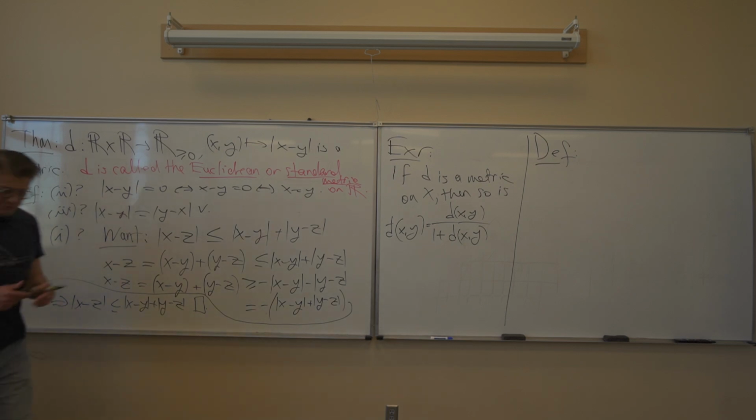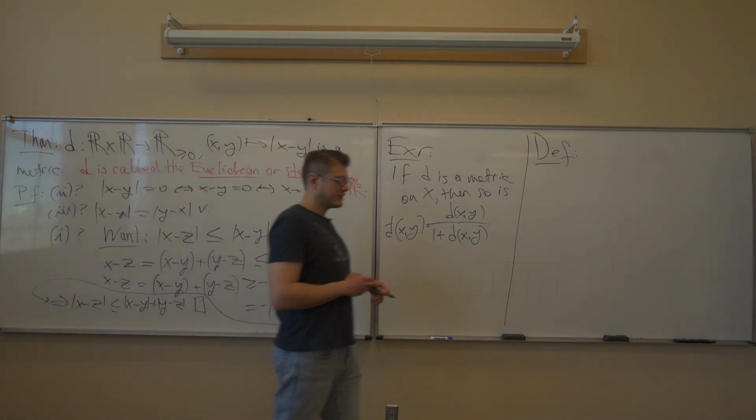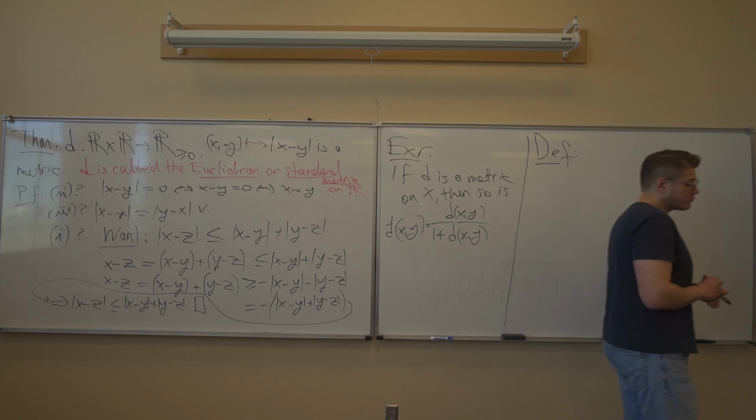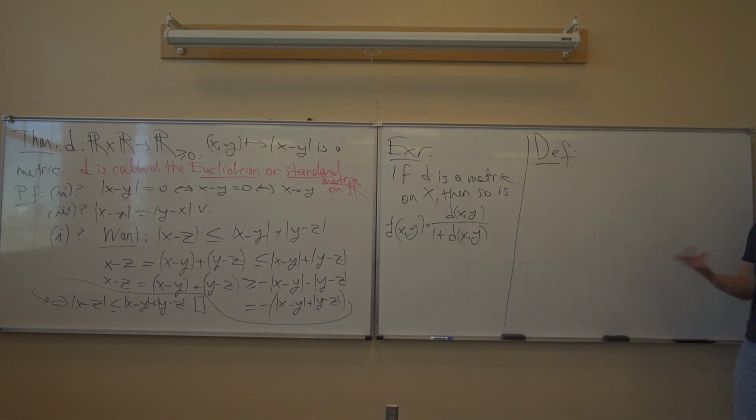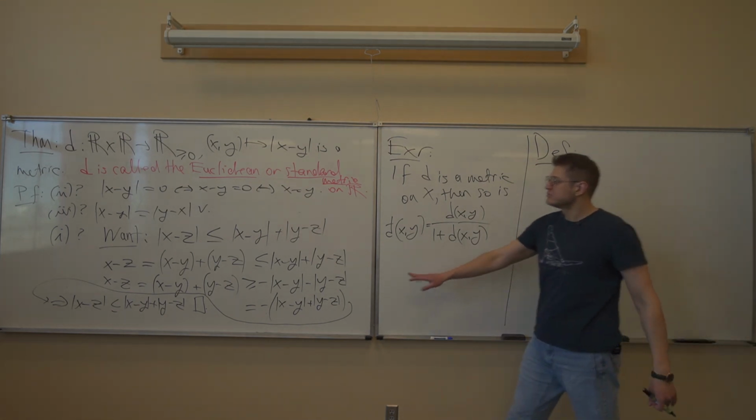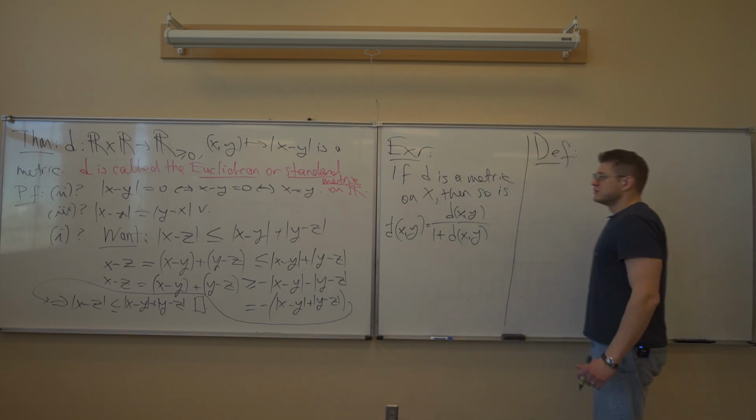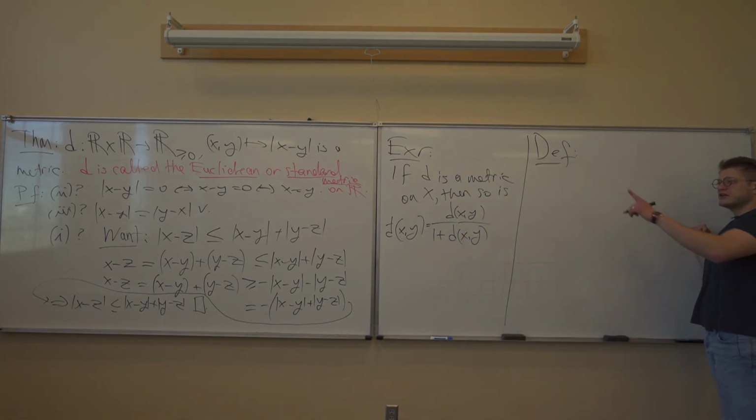And in problem set 3, you might encounter some ideas like that, and you might see exercises about showing that this is a metric. But for now, this is what we need. This is the most standard example.